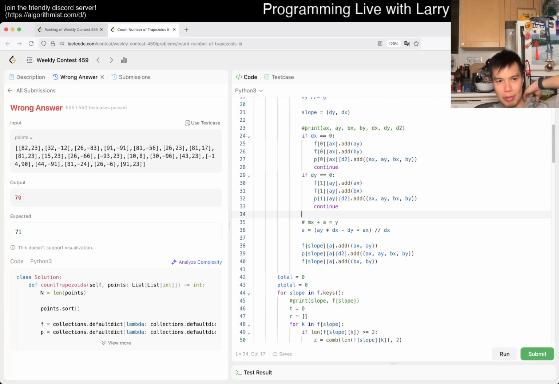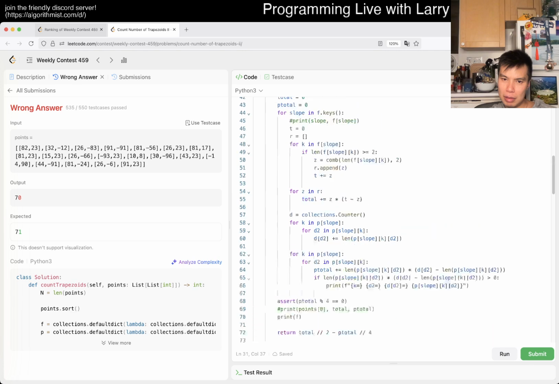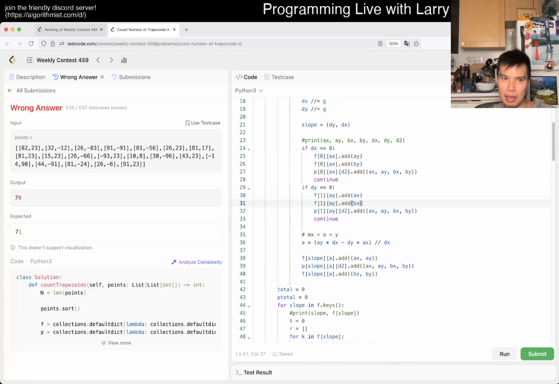Am I just handling vertical incorrectly? Maybe that's the only thing I can think of. I mean, it's not this, because we're x intercept, y intercept, dy is 0. So then you just match it with other dy's. 12 minutes to go.